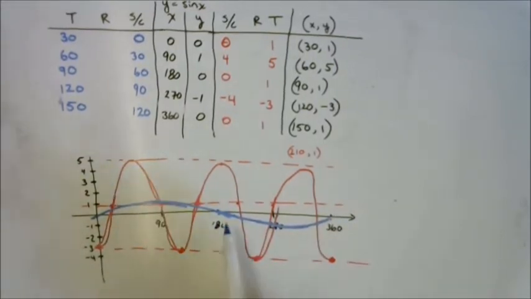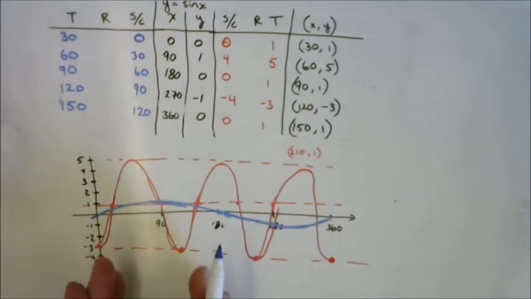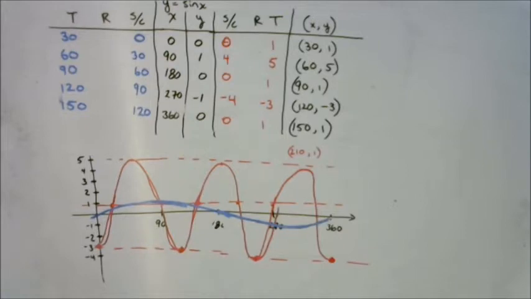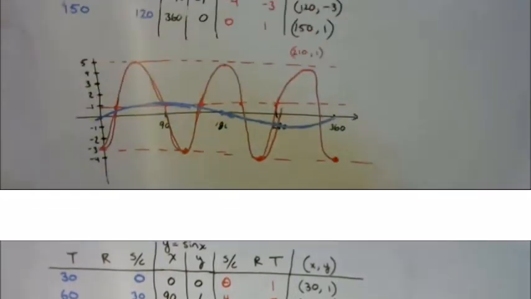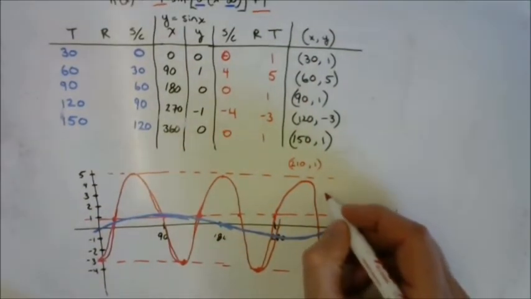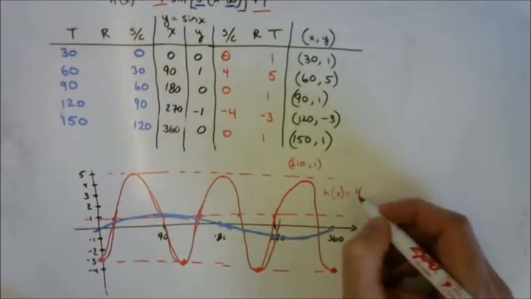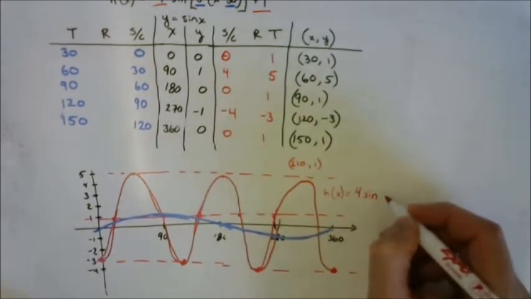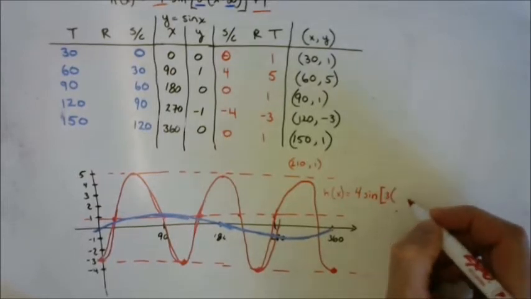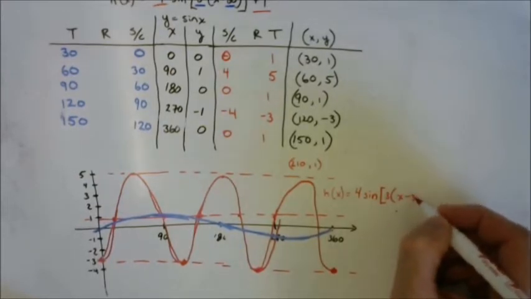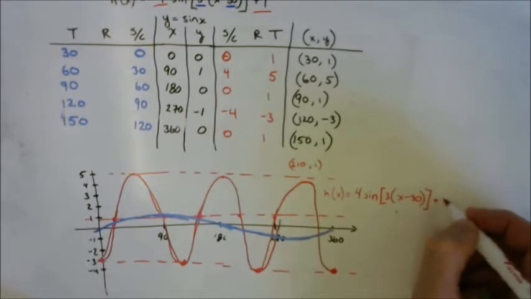Our red one is actually quite squished in comparison to the original blue one. And just so we're remembering to be consistent, we always label our graphs. So this is h of x, which equals 4 times the sine of 3 times x minus 30 plus 1.